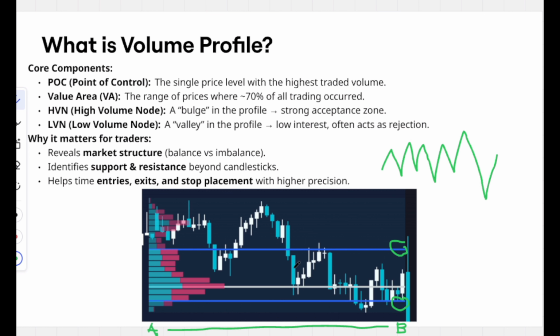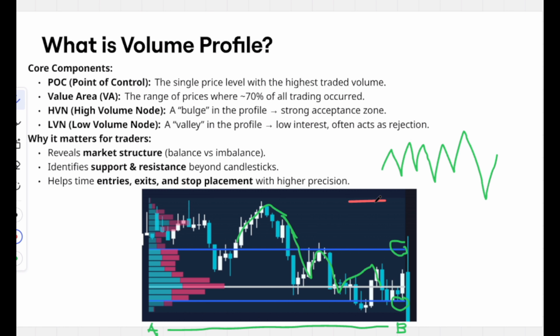The middle part is the mean value area, the point of control, where everyone deems the price to be fair market value. Whenever price goes outside of this box, it will always be pulled back into the middle, and you can see this recurring: it pulls outside and then goes back in. This is where the market is balanced versus imbalanced.